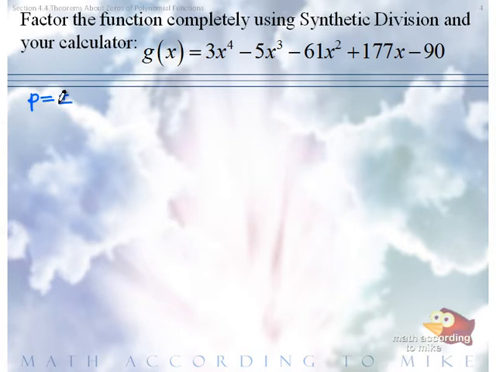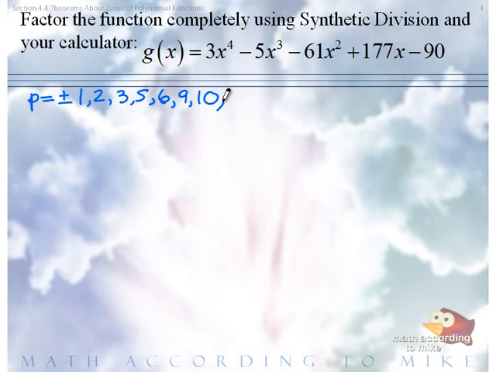Remember, P's go into the constants. What numbers go into negative 90? I'll get you started. Plus or minus 1, 2, 5, 9. Oh, we forgot 6. 6, 9, 10.